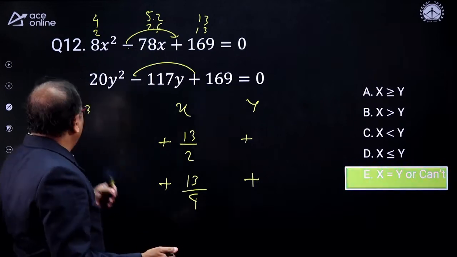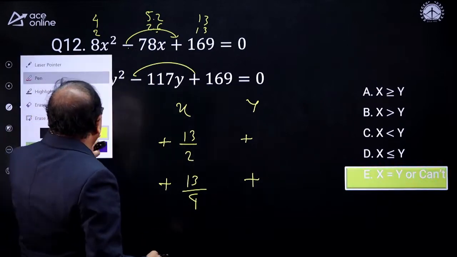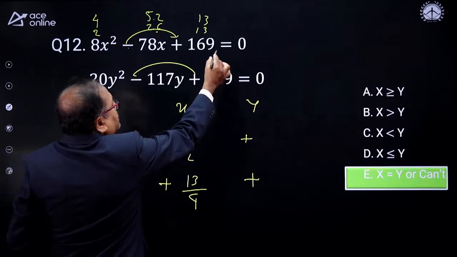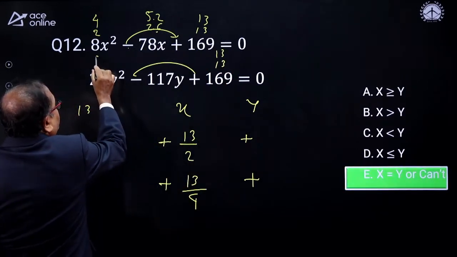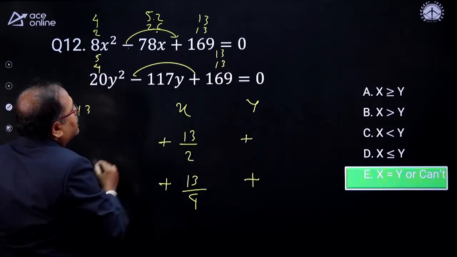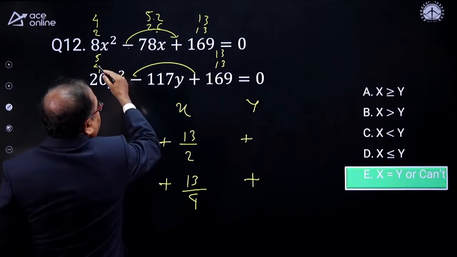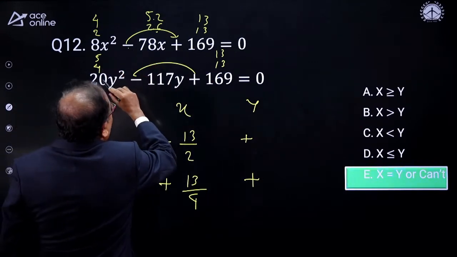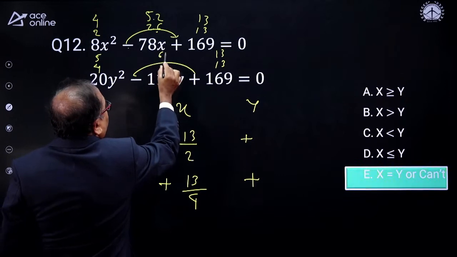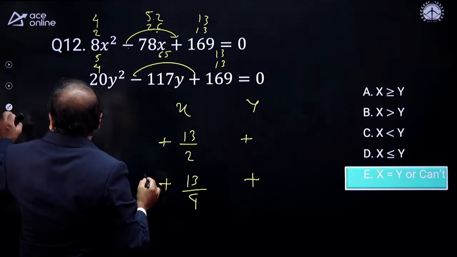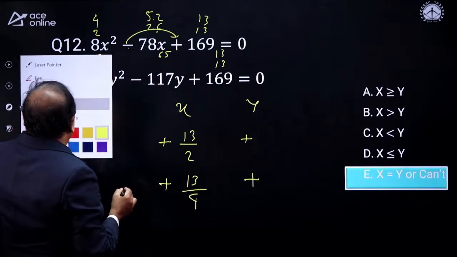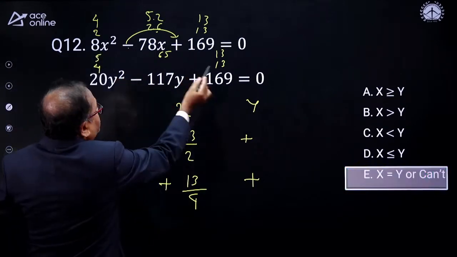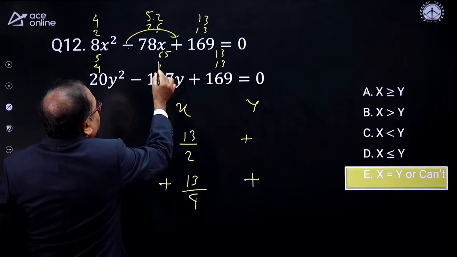I don't know if I made it correct or not. Let me just check that. Here it is again 13 into 13. Now 20 can be written as 5 into 4. So 13 fives are 65, and 13 fours are 52.